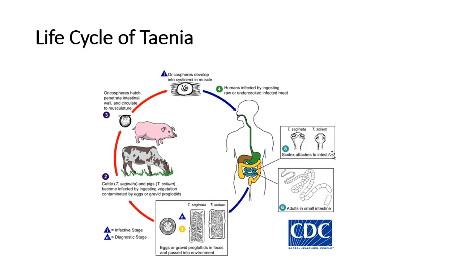Remember that when you get a worm infestation, your body responds with eosinophils to try to kill these guys. I remember one case that came in and they presented to a neurologist because they had neurological symptoms. We did the CBC, the blood count, and the eosinophil count was 50%.